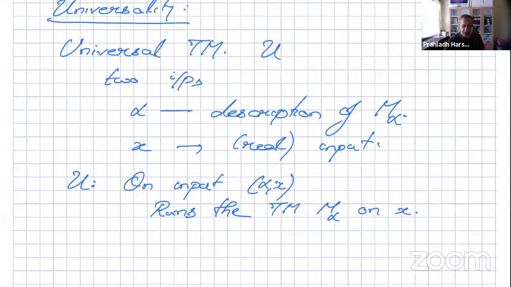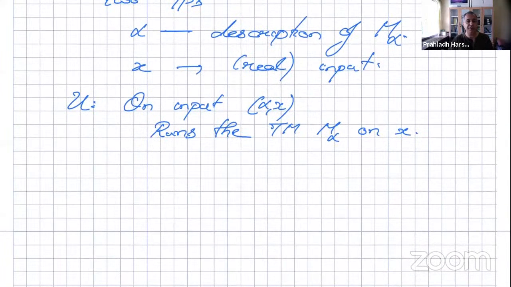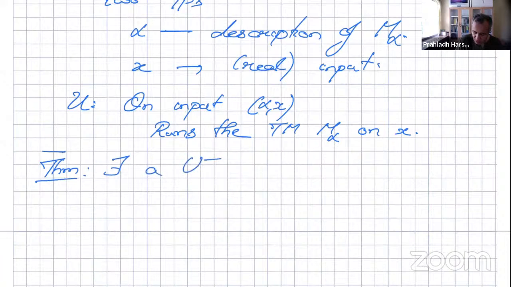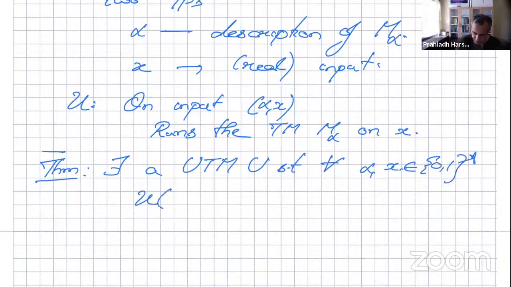But what we try to capture is that it does so without any extra overhead. The overhead is not significantly large. Running it this way should not take much more than what the original machine M alpha itself took. I claim that what we have seen so far already proves this. There exists a universal Turing machine U, such that for all strings alpha and x, first, U on alpha x gives M alpha on x.